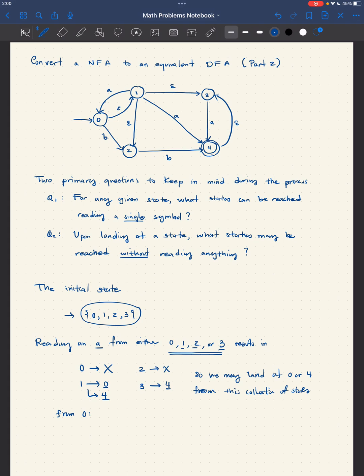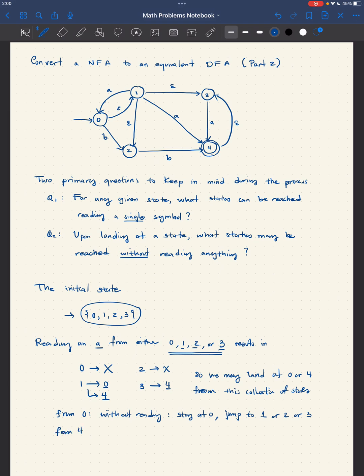Without reading any symbol, what could happen? Well, we can stay at 0, or jump to 1, or 2, or 3.